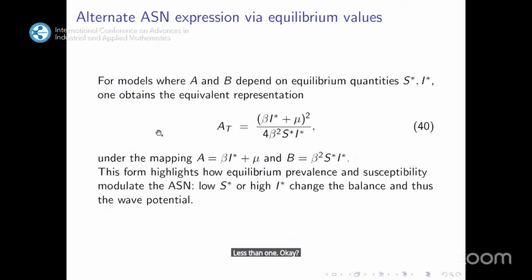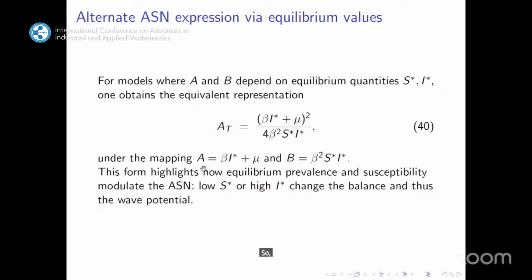Okay. And then for the model where A and B depend on equilibrium quantities, let's say the endemic equilibrium, one obtains the relevant representation, which is given by that. So remember the equilibrium points we had for the SEIR case. So this will be the Atangana strength number.